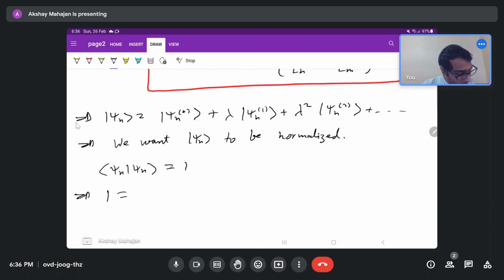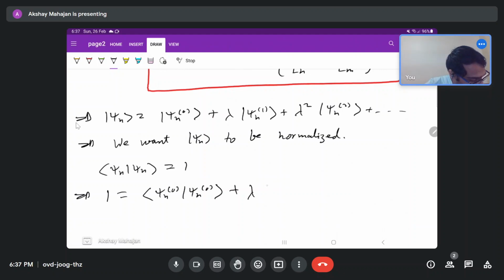We will get terms like psi n0, psi n0. Then we combine all the lambda to the power 0 terms, lambda to the power 1 terms. For lambda to the power 0 we will get this.